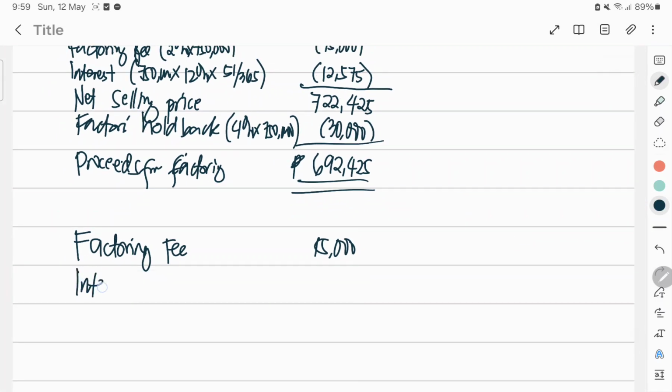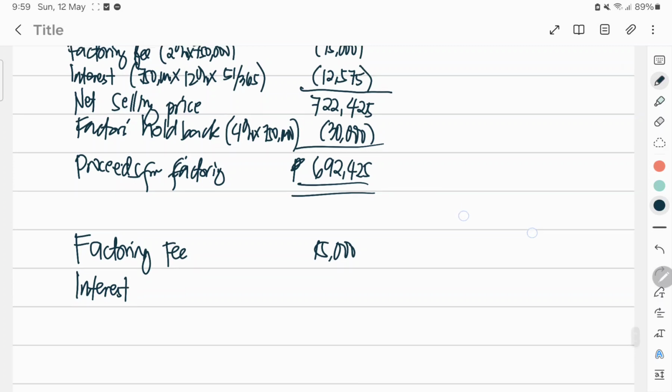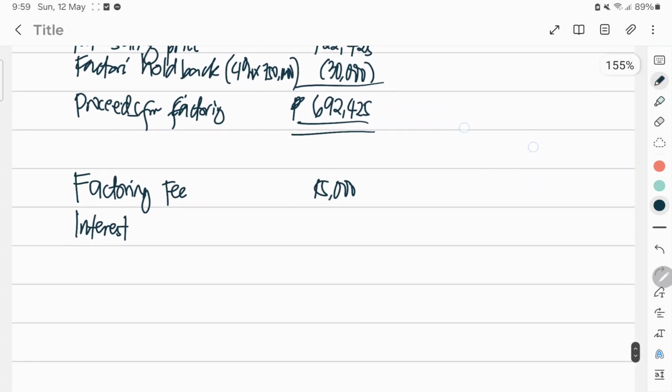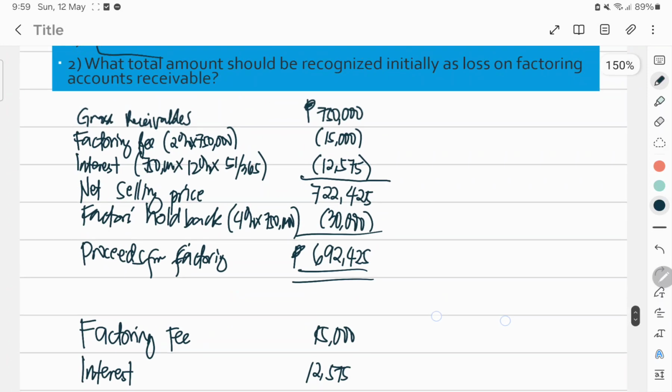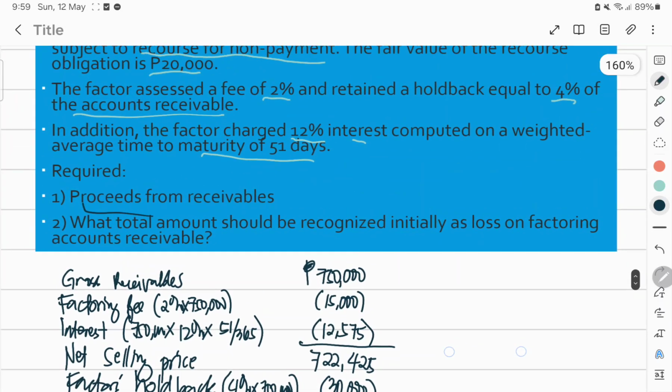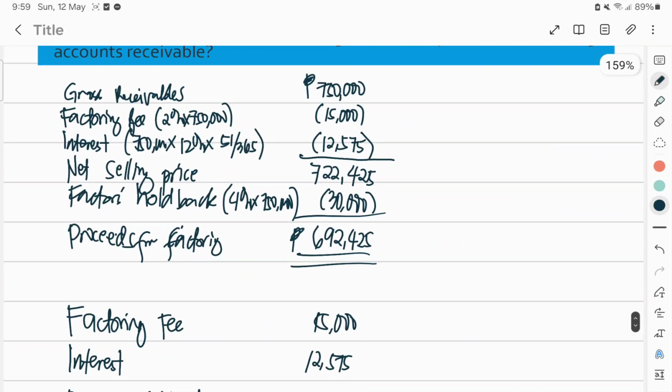Then we have interest of 12,575. And then, syempre, meron tayong recourse obligation amounting to 20,000.